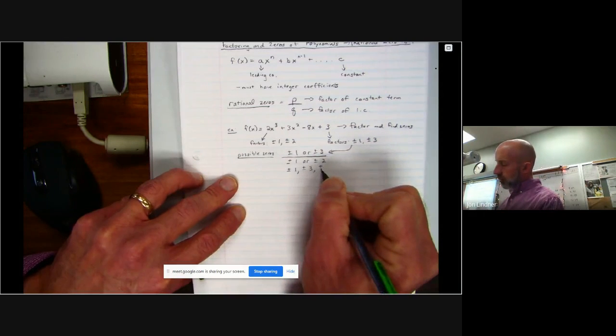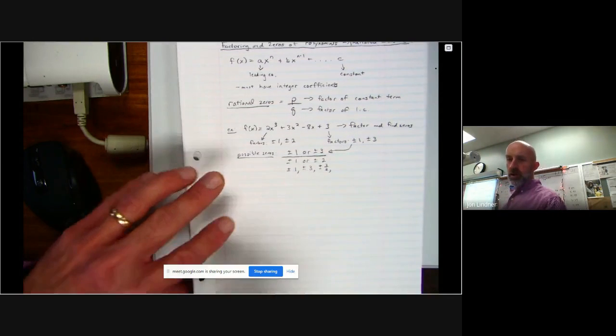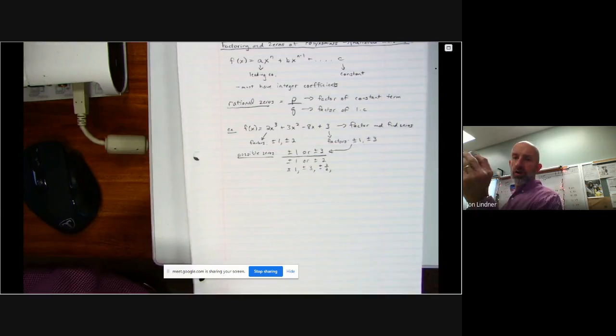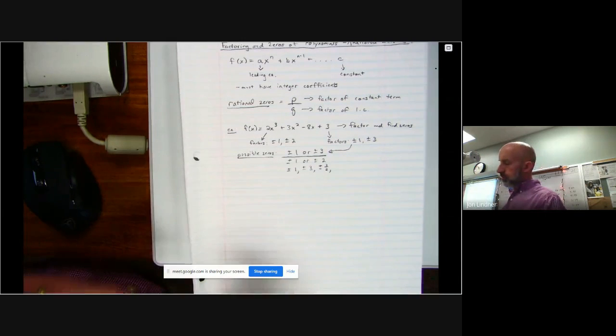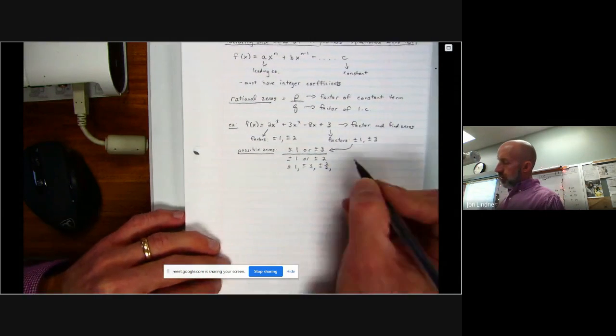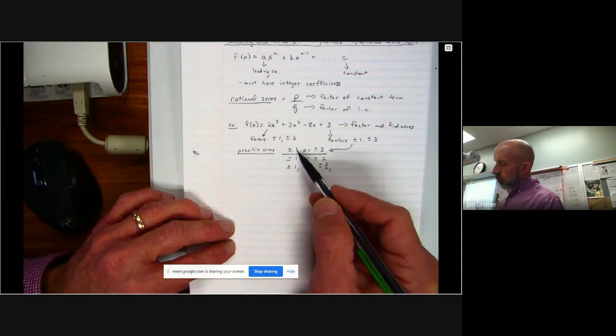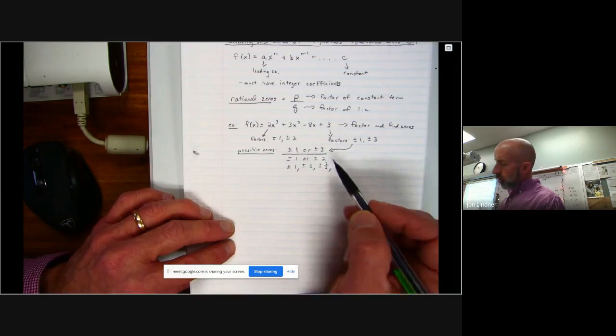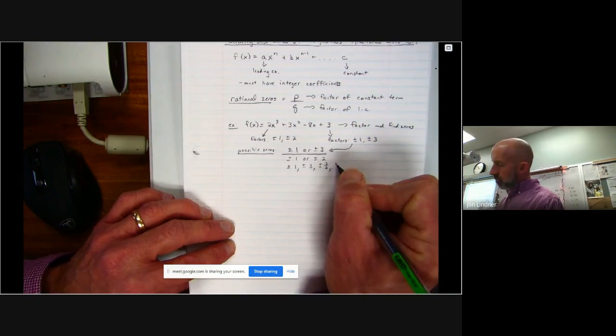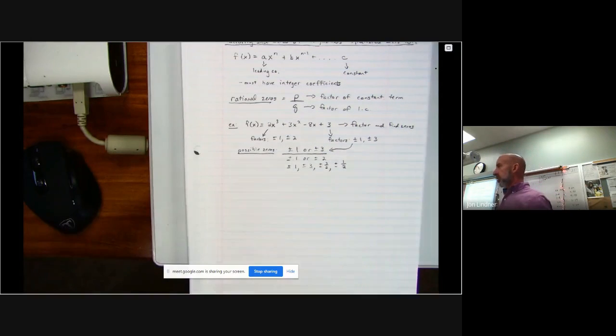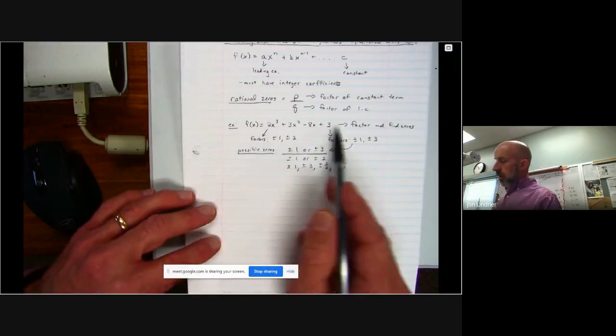So I have to think of plus or minus 3 over 2 as a possibility. And also, we've already considered 1 over 1, but we haven't considered 1 over 2. So I could think about plus or minus 1 over 2 as a possibility. All of these are possibilities for factors of this polynomial.